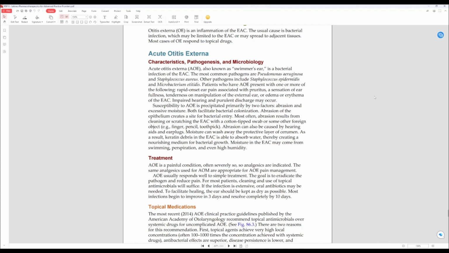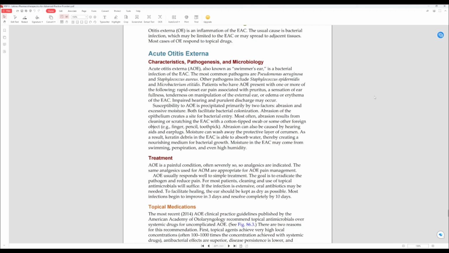Susceptibility to AOE is precipitated primarily by two factors: abrasion and excessive moisture. Both facilitate bacterial colonization. Abrasion of the epithelium creates a site for bacterial entry. Most often, abrasion results from cleaning or scratching the EAC with a cotton-tipped swab or some other foreign object.